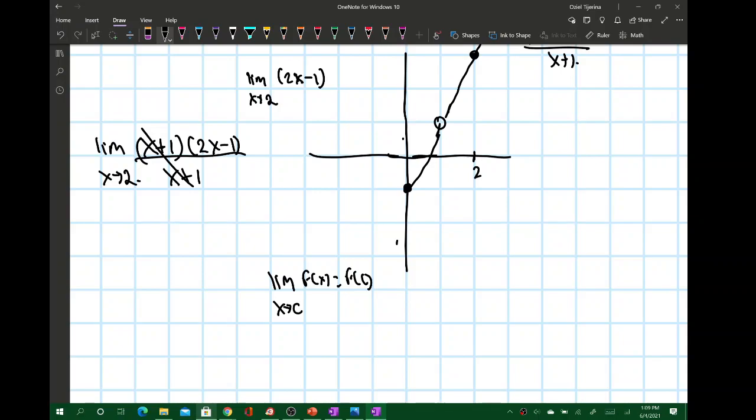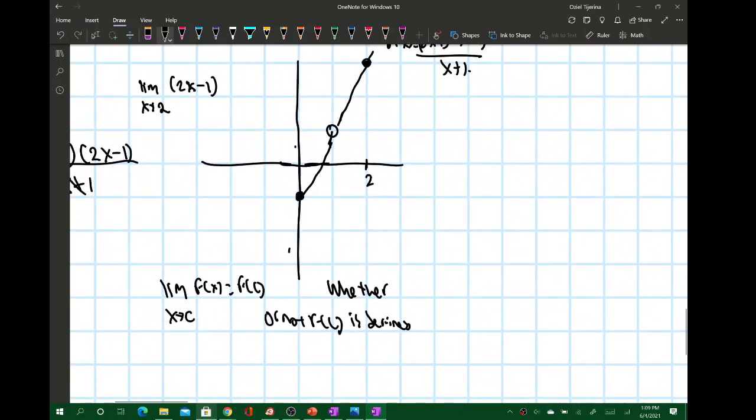But what they mean by that, they don't mean whether or not f of c is defined.